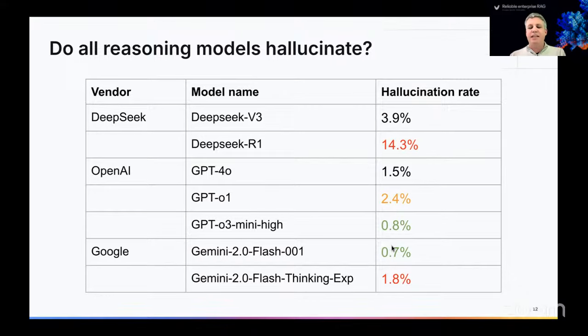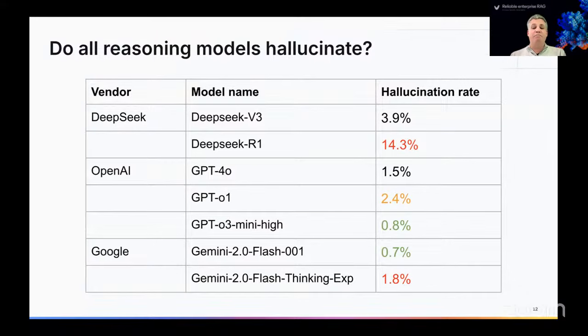So it doesn't necessarily mean, especially with O3 Mini, that things need to be worse. We don't know what exactly DeepSeek did to reach that high of a hallucination rate. And I'm personally pretty confident that they'll fix that soon.